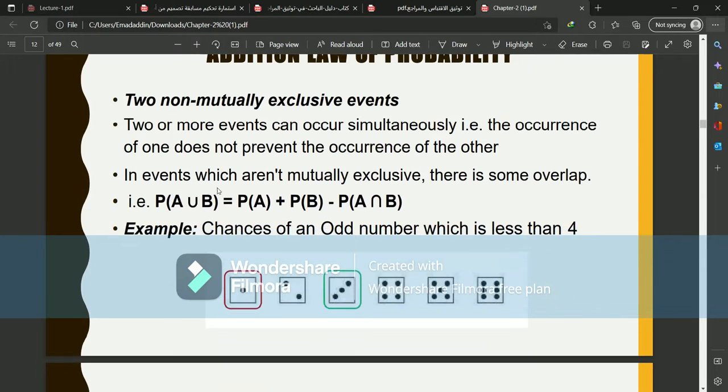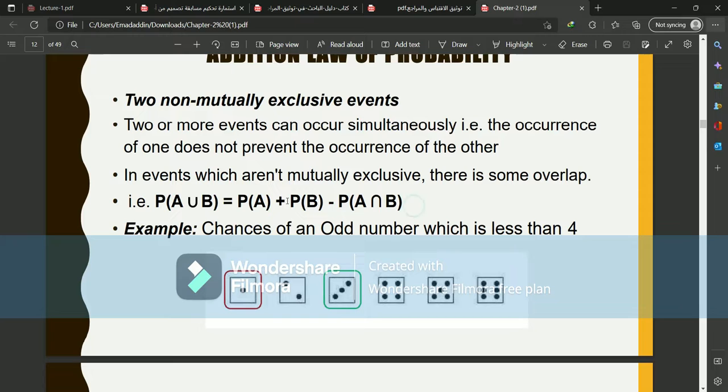Second, in events which are not mutually exclusive, there is some overlap. For example, P(A union B) equals P(A) plus P(B) minus P(A intersection B).